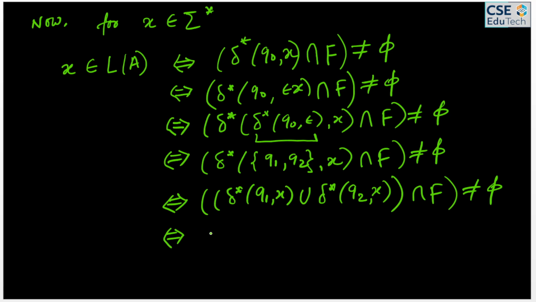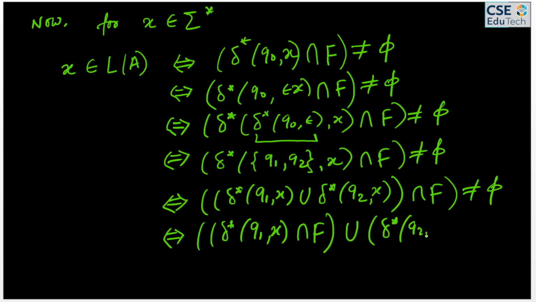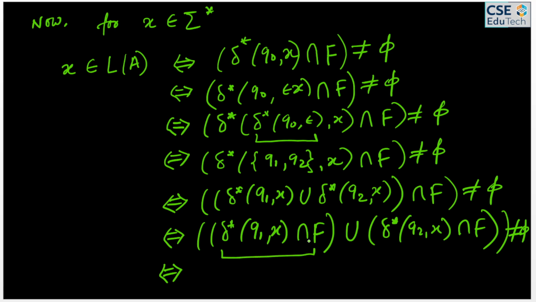Again, we can write this as delta star Q1 X intersection F, union delta star Q2 X intersection F, should not be equal to empty. Which again implies, sorry, it will be F1 and F2, as it is delta Q1.